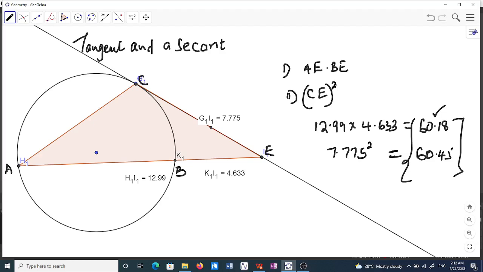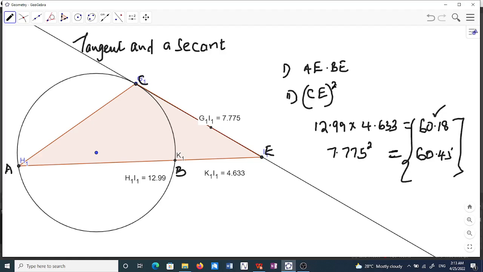It is not exactly that it has to come to be exact, but it has to be closer. It is just closer to one another. That is the closest relationship we can get between a secant and a tangent. So in this case, even if there is that difference, it is now a relationship that is proved. If you use many decimal places, then it will come closer and closer to one another.